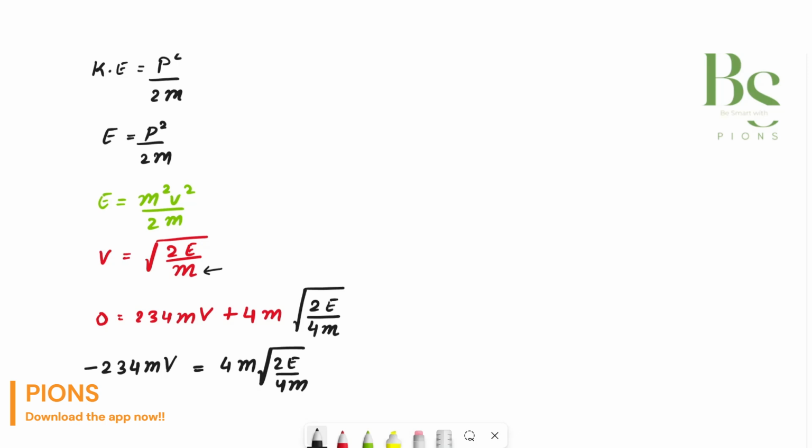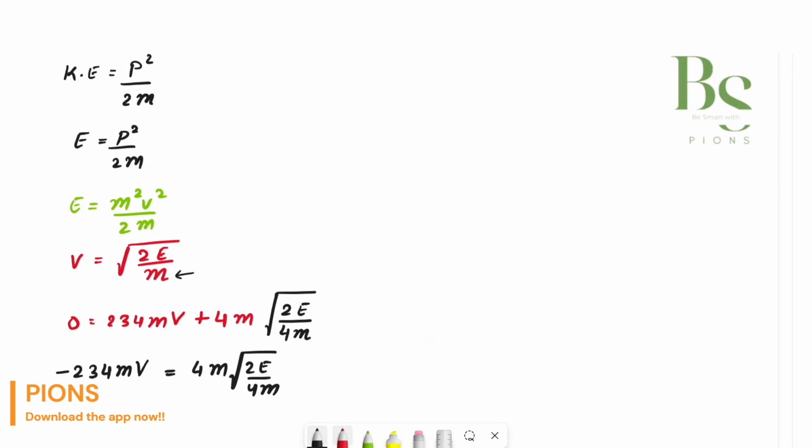Now I'll take everything to the other side and find the capital V. So V will be equal to, this m cancels with this m, and we are left with 4 upon 234 root under 2E upon 4m, keeping the negative sign on the other side.